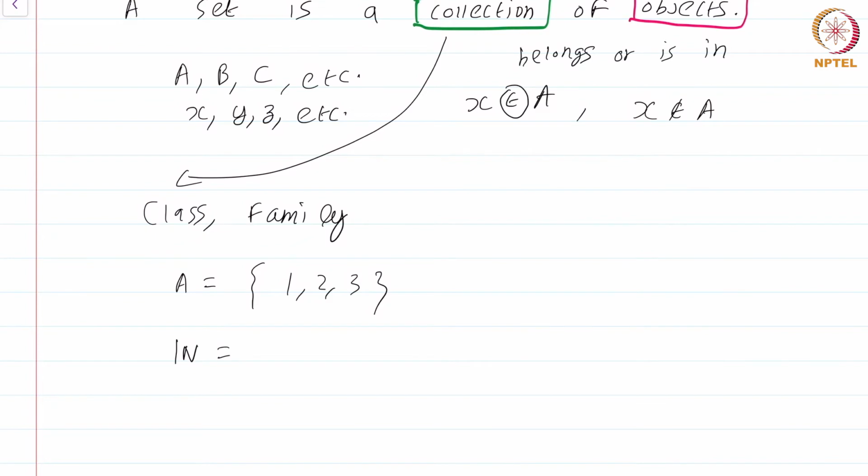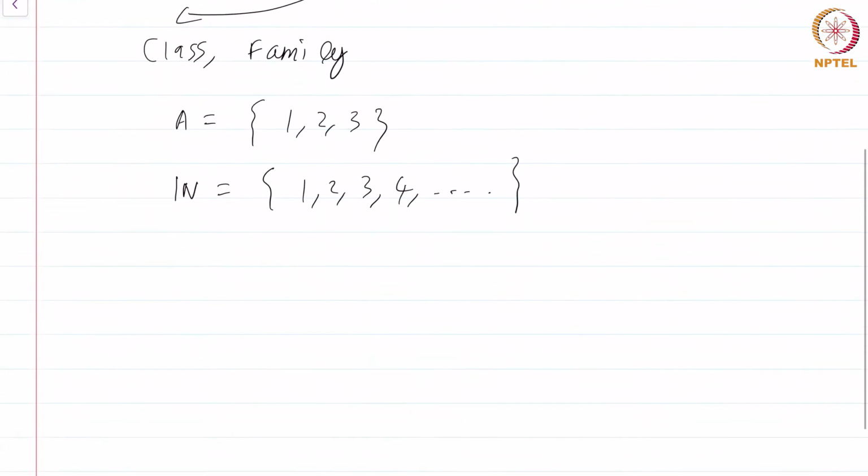Well, we take several shortcuts. We can write 1, 2, 3, 4, dot, dot, dot, leaving it to the reader's understanding that it is supposed to go on indefinitely and denotes the natural numbers. So we will rely on intuition whenever possible to reduce the notational clutter.